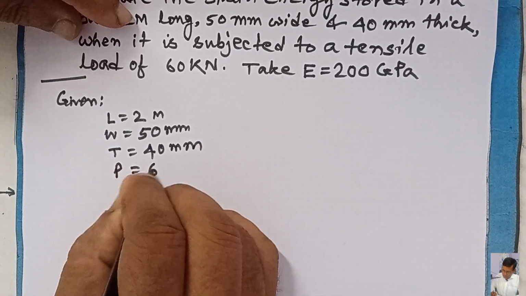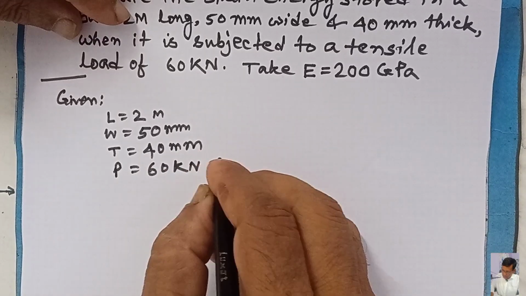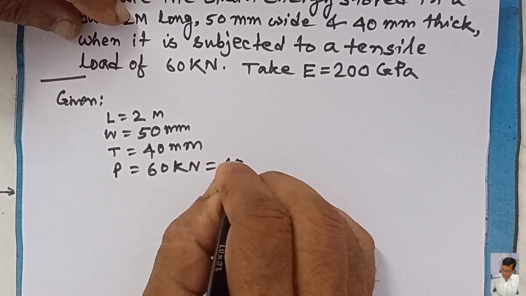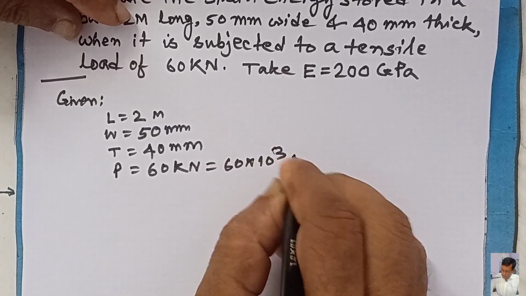P is equal to 60 kilonewton is equal to 60 into 10 to the power cube Newton.